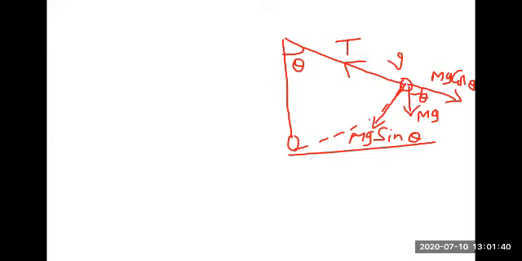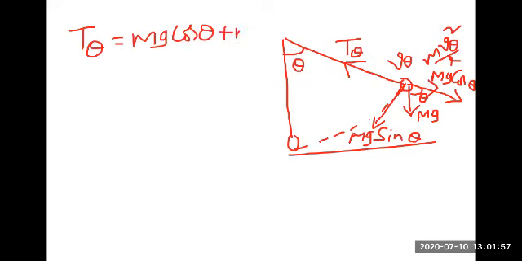So velocity is v theta, which means at that instant it also has centrifugal force, mv theta square by L. So I can notice from the diagram tension theta is equal to mg cos theta plus mv theta square by L. This is the formula I got. Because tension theta is towards the point of suspension, and mg cos theta and mv theta square by L are in the opposite direction. So tension at any point is mg cos theta plus mv theta square by L. Okay, just keep that formula aside now.